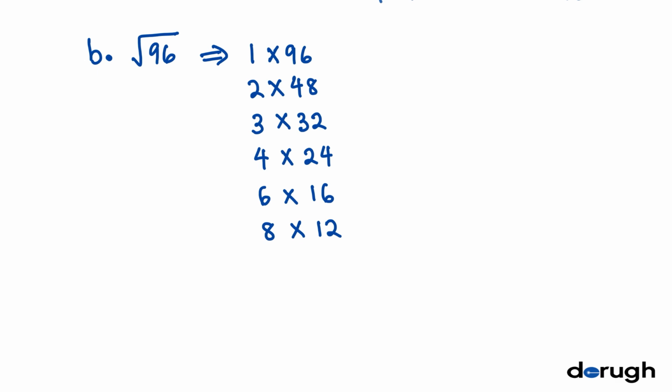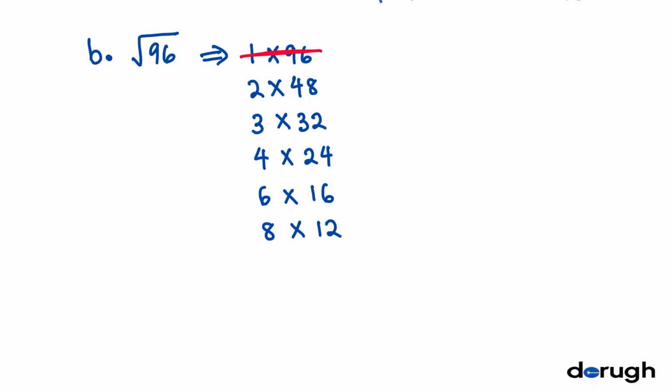There's nothing for 9, there's nothing for 10, nothing for 11. So that's what we have. As before, we're going to run through and see which multiple pairs contains at least one square number. We already rule out the first one.